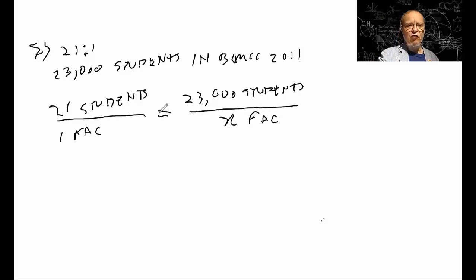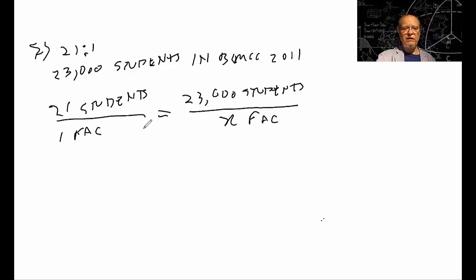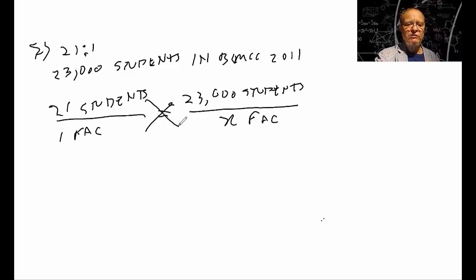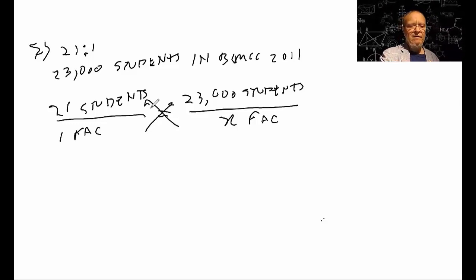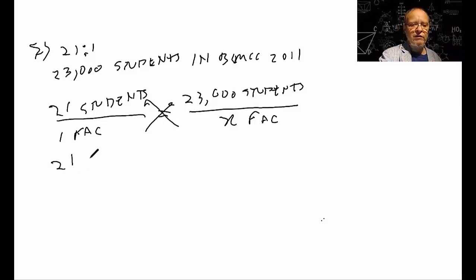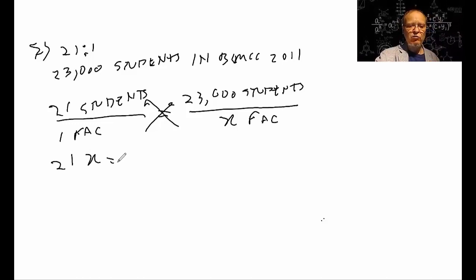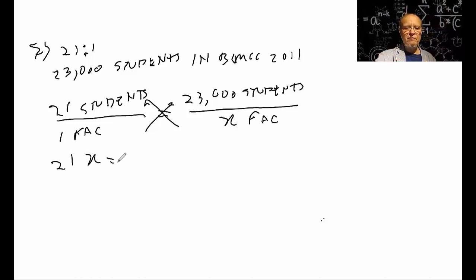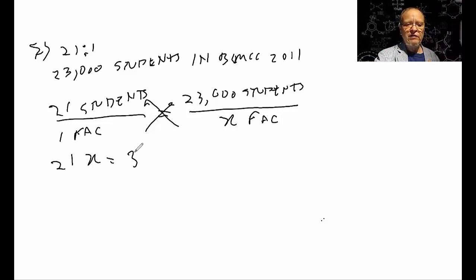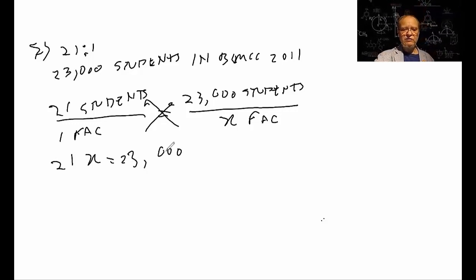As before, we have two ratios on either side of the equal sign, so we can cross multiply. That means we have 21x is equal to 23,000.